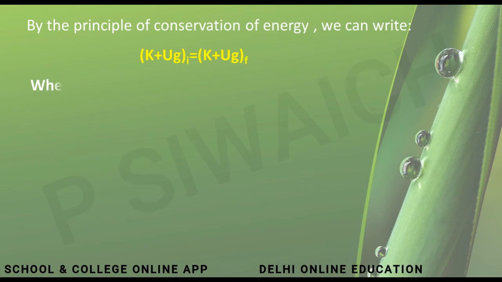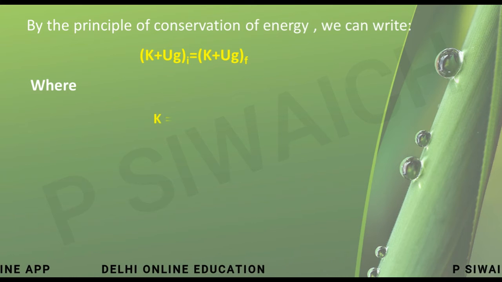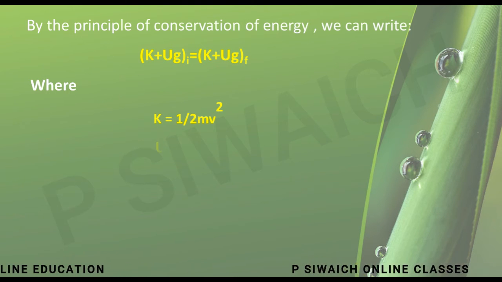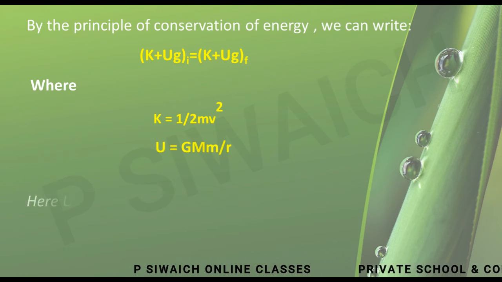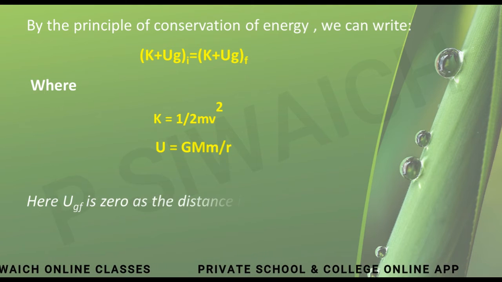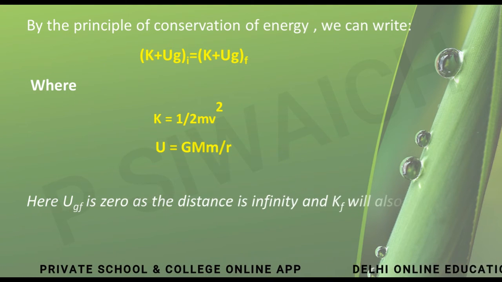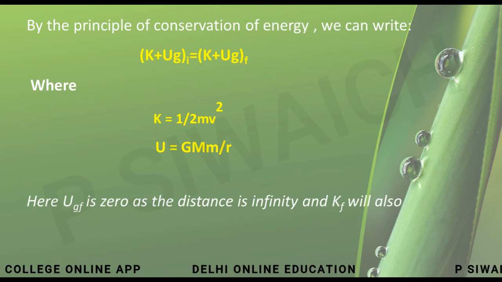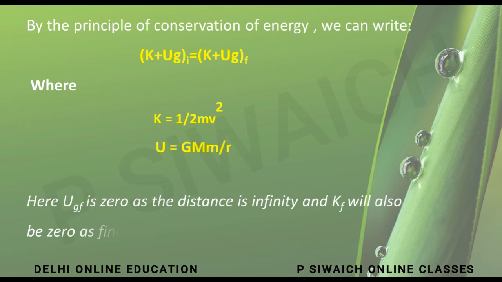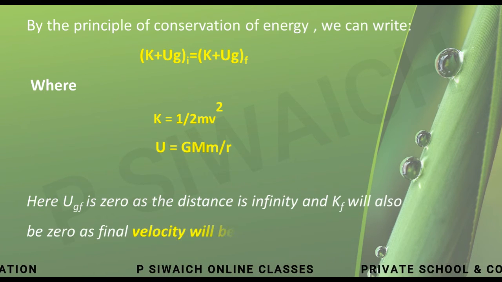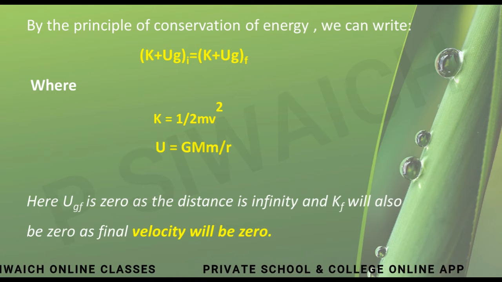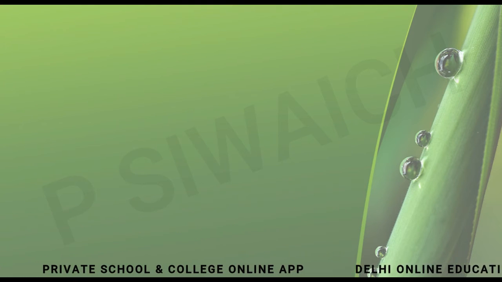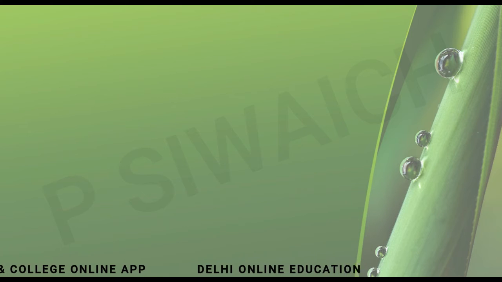where K equals 1 upon 2 mv square, and UG equals capital G into capital M into small m over r. Here UG final is 0 as the distance is infinity, and K final will also be 0 as the final velocity is 0.